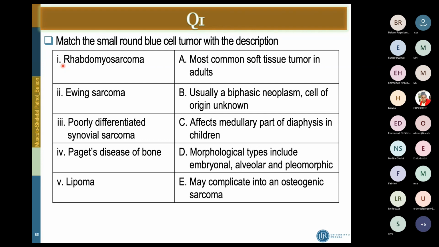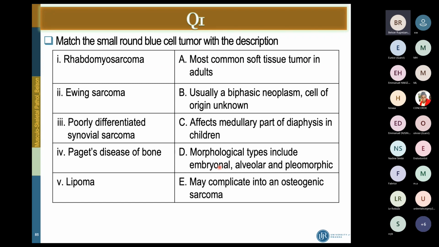I guess it's that. Yes, and on the prognosis part, which is having poorer prognosis among the 3? Pleomorphic. Okay, yeah, pleomorphic has a worse prognosis.